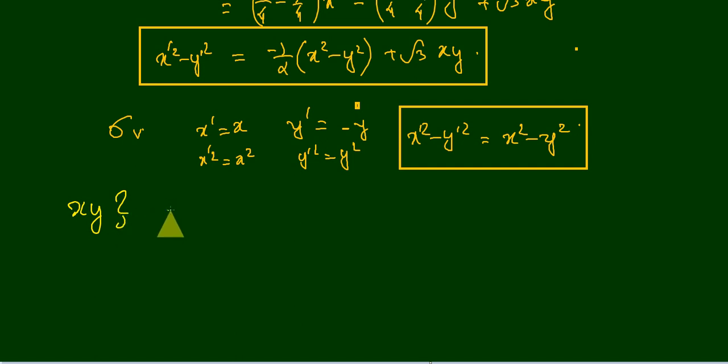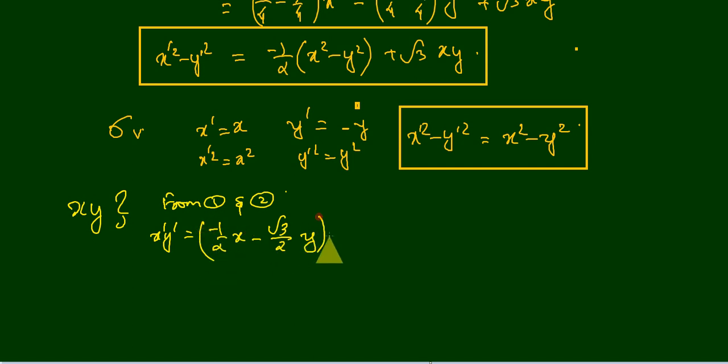So from 1 and 2, we can write x dash is equal to minus half x minus root 3 by 2 y, and y dash is equal to root 3 by 2 x minus half y.